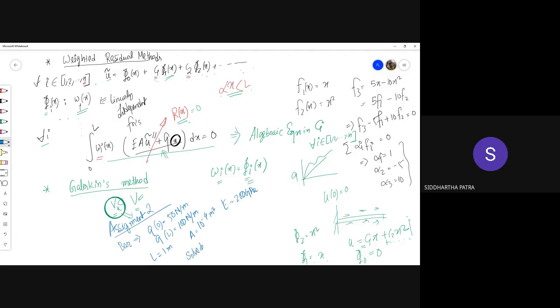Solve by two-term Galerkin's method, which is this one.